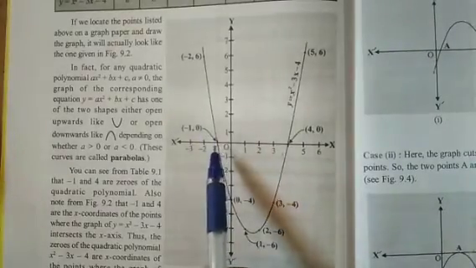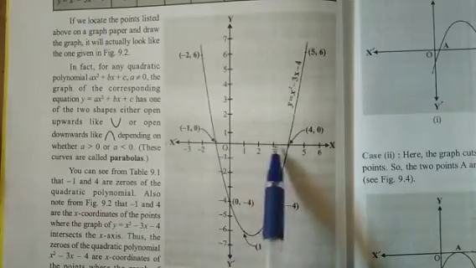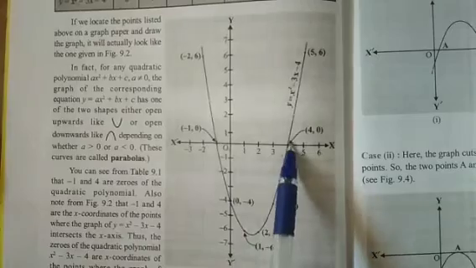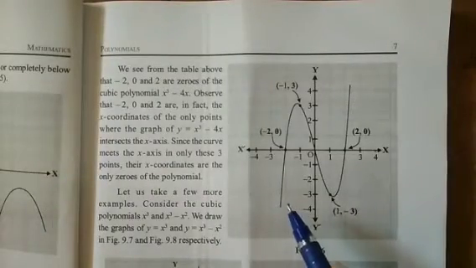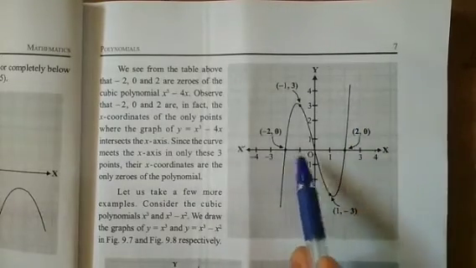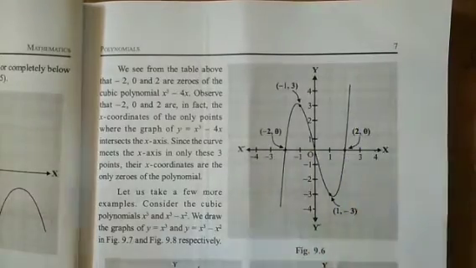Look at the figure. A quadratic polynomial can have at most 2 zeros: 1, 2. And a cubic polynomial can have at most 3 zeros: 1, 2, 3.